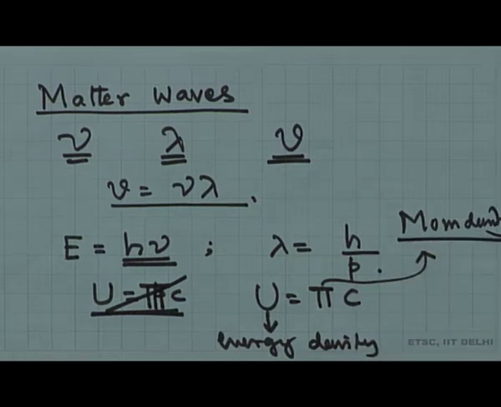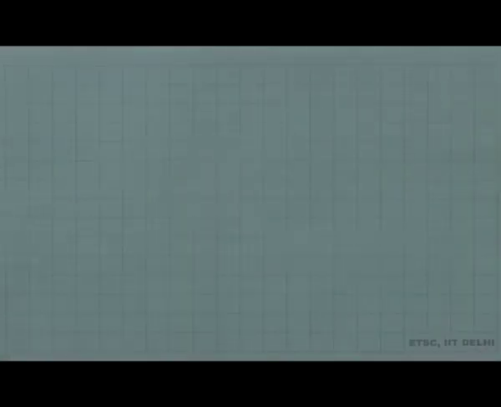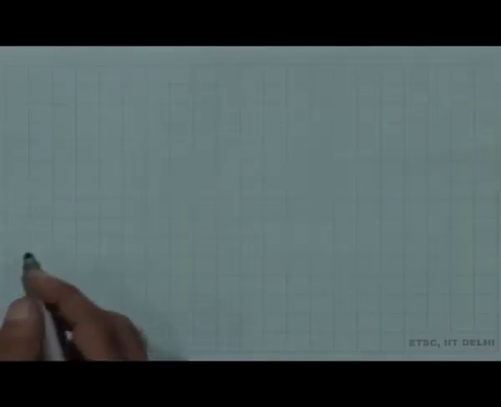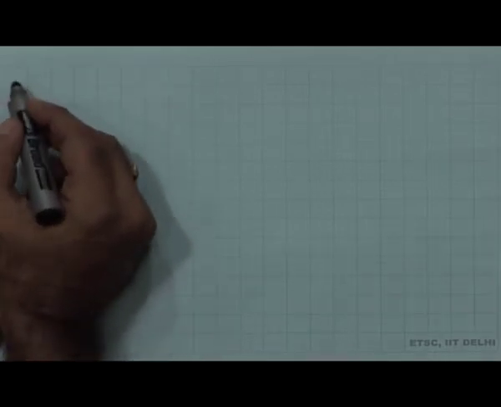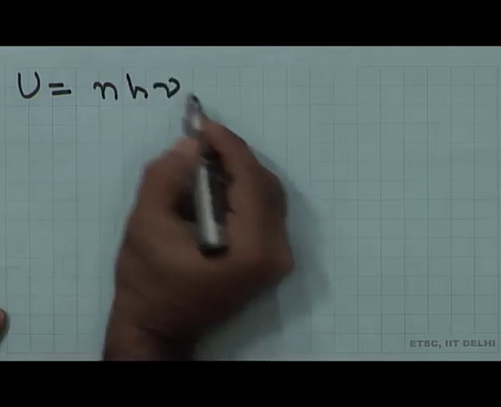Where do I get these expressions? I get these expressions from the classical electromagnetic wave picture of Maxwell. But if I combine this with the Planck idea, what happens? My U, as I told you in my last lecture, is nothing but n into h into nu.